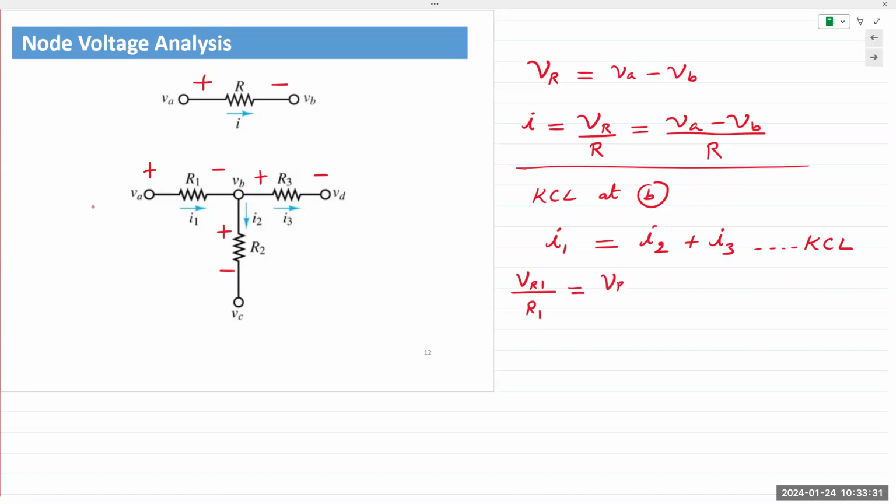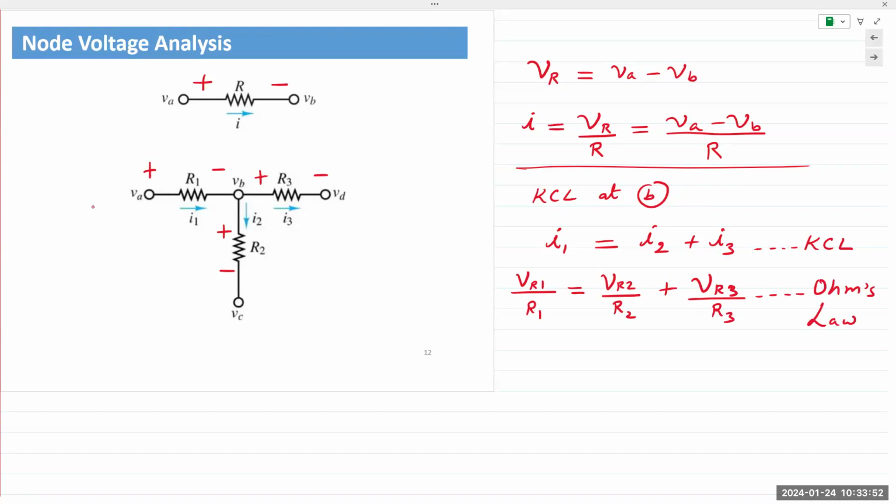So this would be VR2 divided by R2, and this would be VR3 divided by R3. And this, of course, is from Ohm's law.